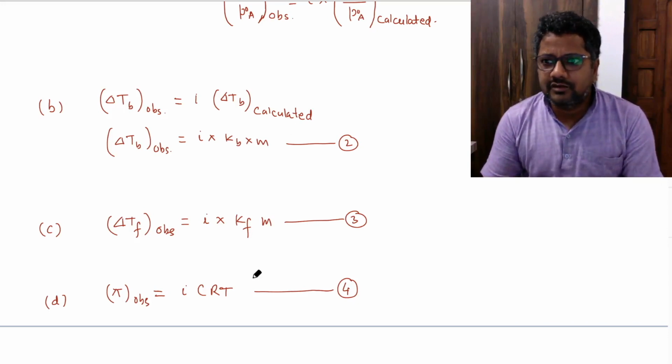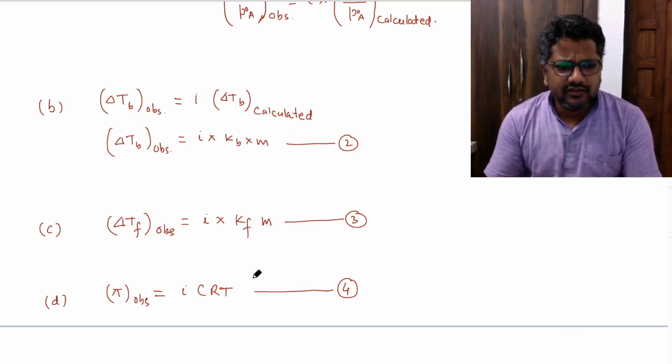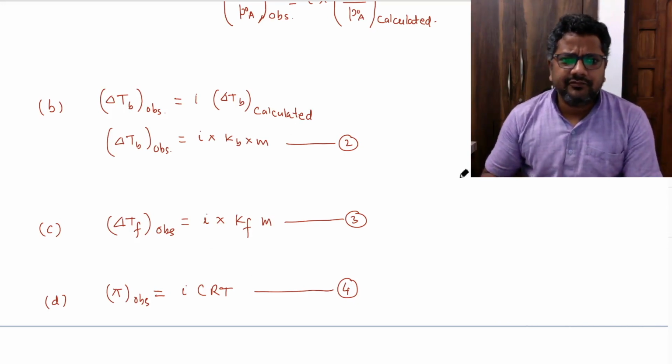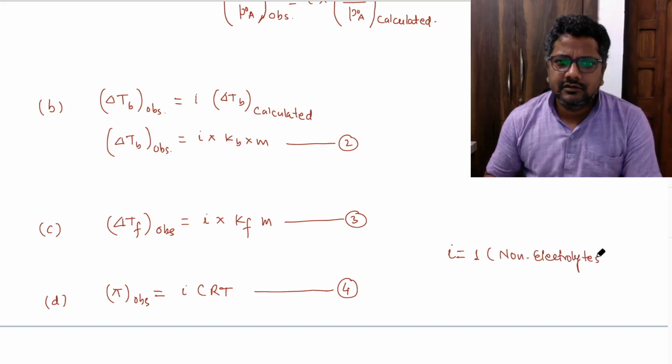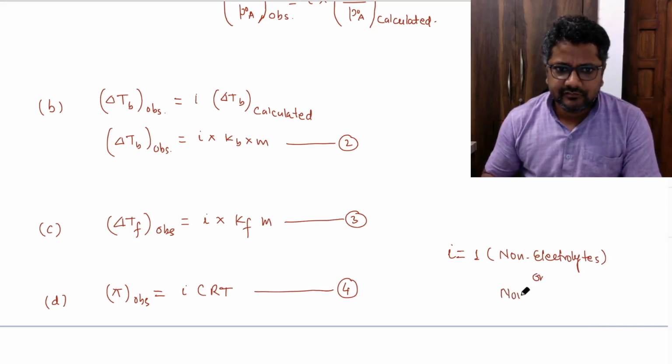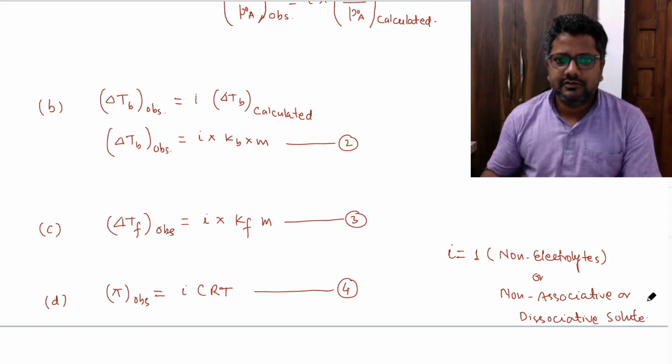Always calculate the observed colligative property, and you know for non-electrolytes i is equal to 1, for non-electrolytes or non-associative, non-dissociative solutes.